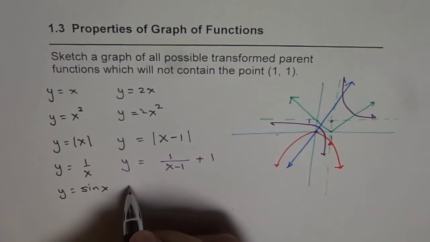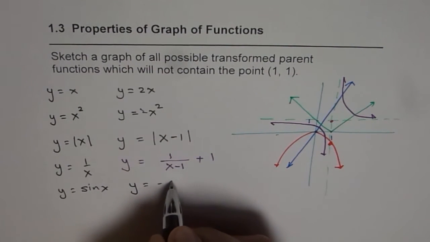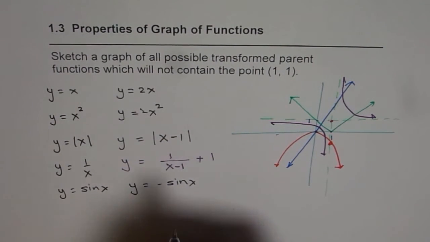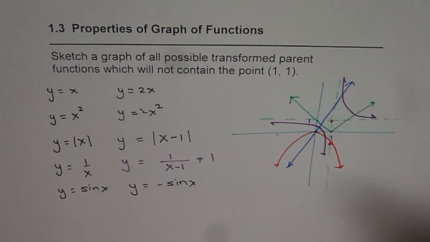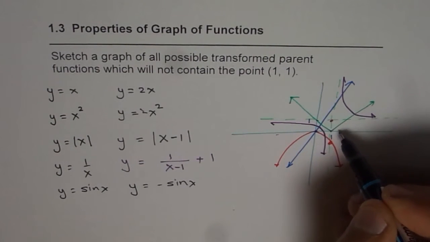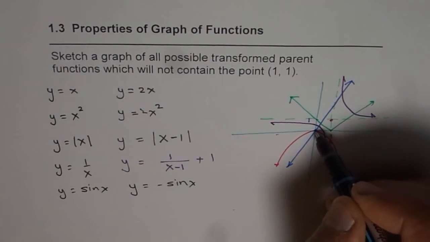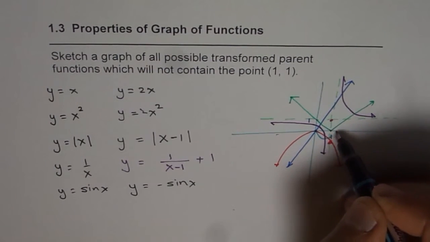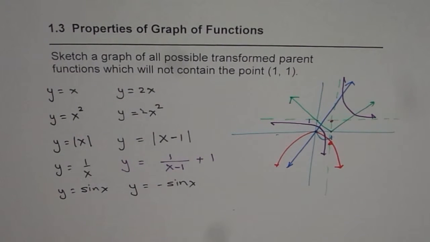So what we can do is draw y equals minus sine x, right? And sine x will go kind of like this, but we could have it going downwards, correct? So something like this will avoid 1, 1 in this case, right? So likewise we can draw all the parent functions as transformed functions and avoid 1, 1, right?